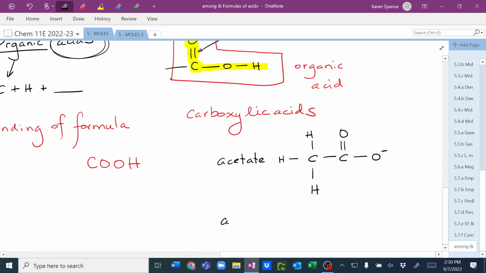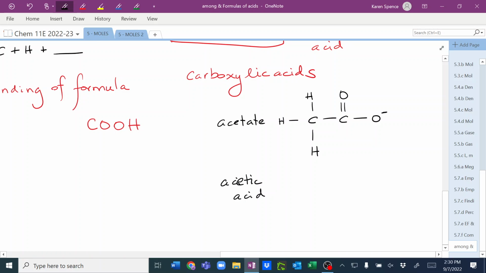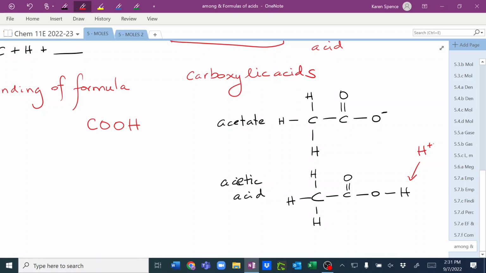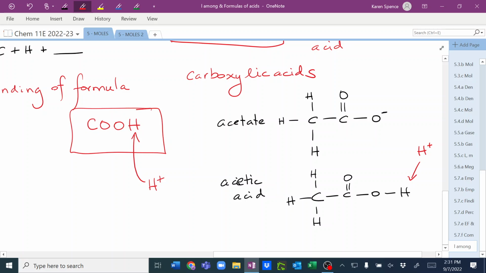Then when we have acetic acid, instead of just having that negative sign floating around by itself, that's where that H plus attaches, and that makes it neutral. Like I said, you don't need to know the word carboxylic acid. You don't need to be able to draw that structure at this point. You just need to be comfortable with the fact that this is how they're written, and this is the H plus right there. Okay?